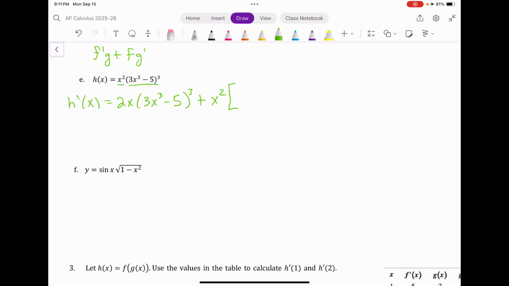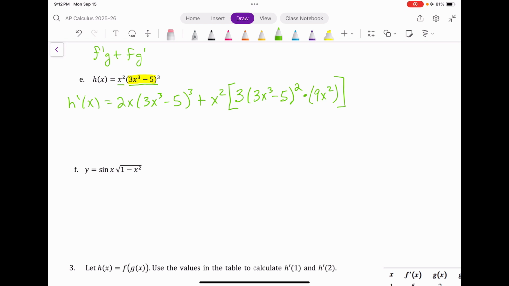So I'll put this in brackets. Keep in mind that the inner function is what I've highlighted. So we'll move the 3 to be a coefficient, right? So 3 times 3x cubed minus 5 to the second power, and then times the derivative of the inner function, which would be 9x squared, right? So everything in brackets, that's using the chain rule on that second piece.